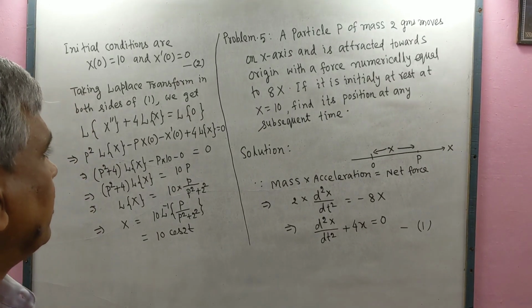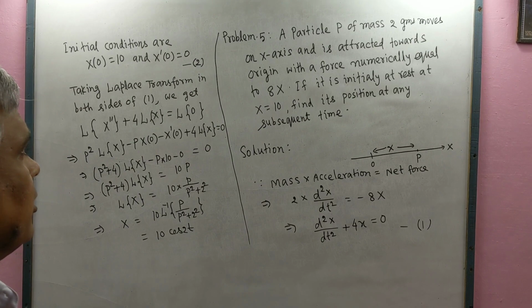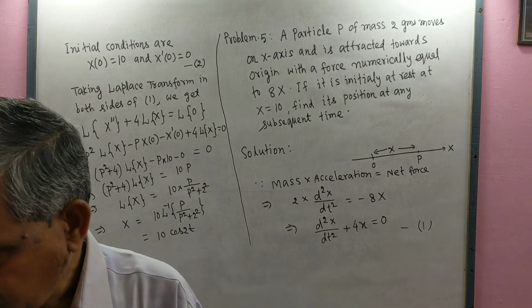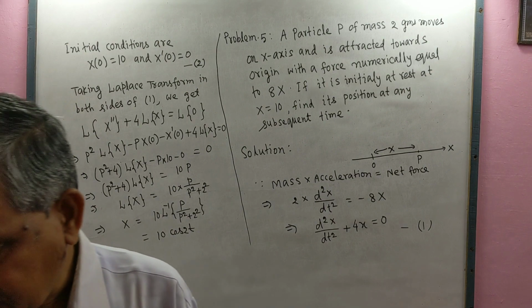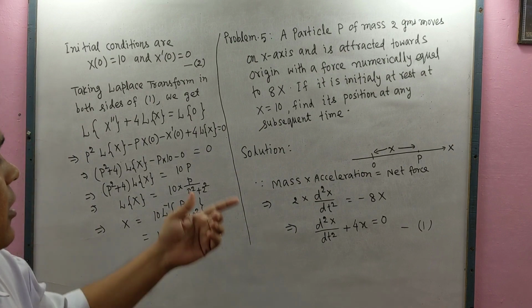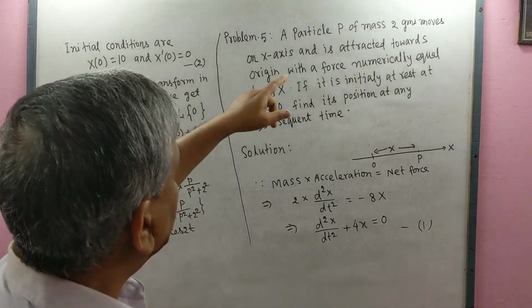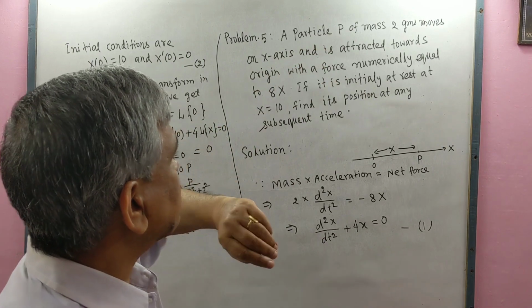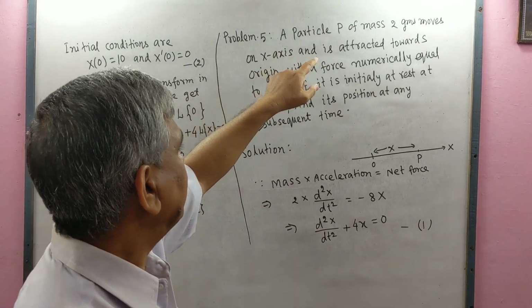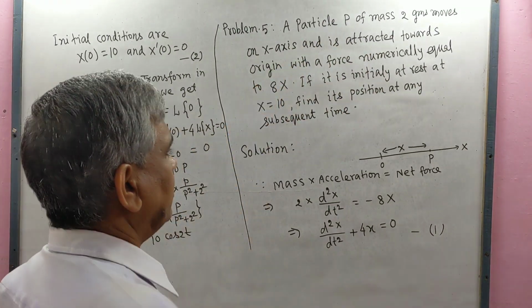Now we shall apply Laplace transformation in a problem related to mechanics, application to mechanics. Problem number 5. A particle P of mass 2 gram moves on the x-axis and it is attracted towards the origin.